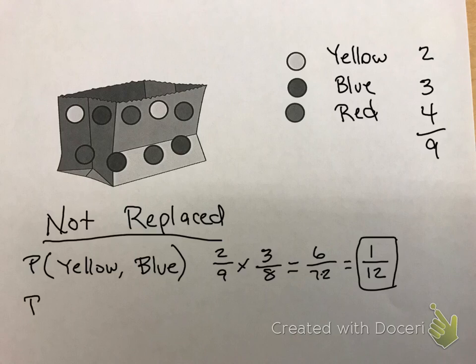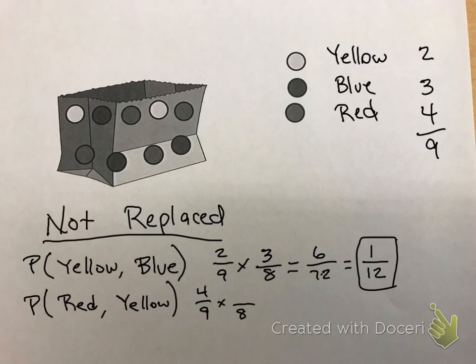Let's look at another example where we have a red and then a yellow. Well, if we choose a red one first, that's 4/9. Well, we've taken one of those red ones out, so again, there's only 8 left in the bag.